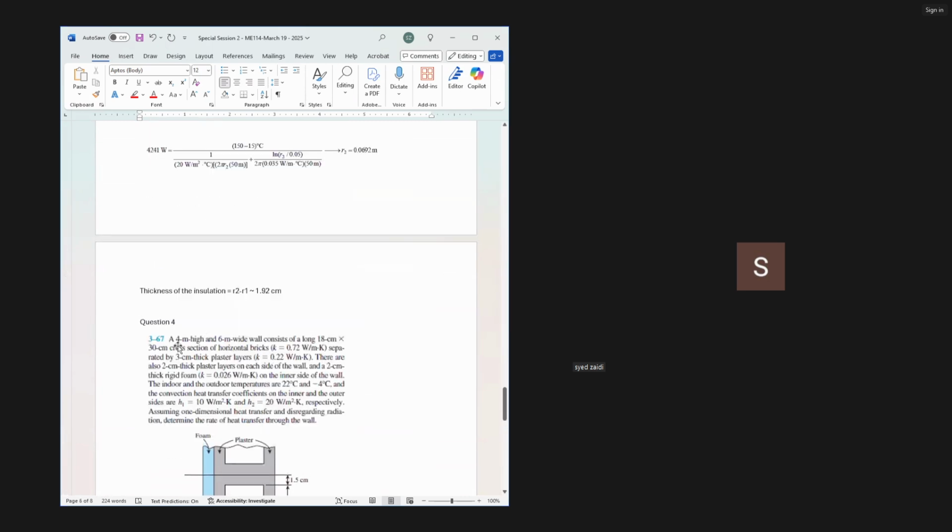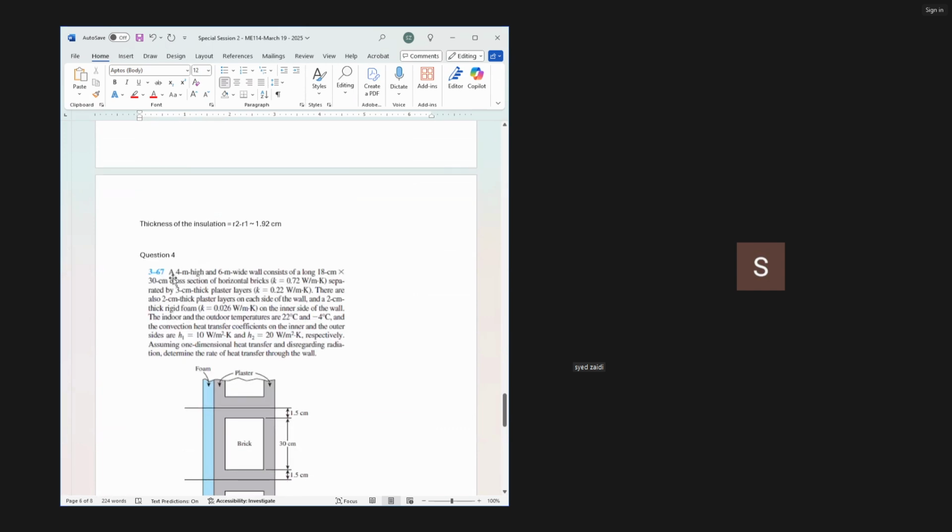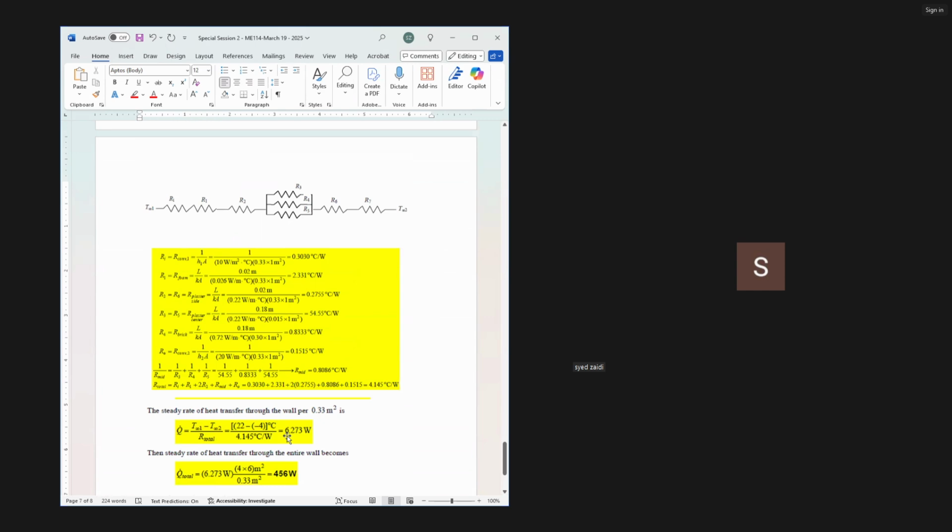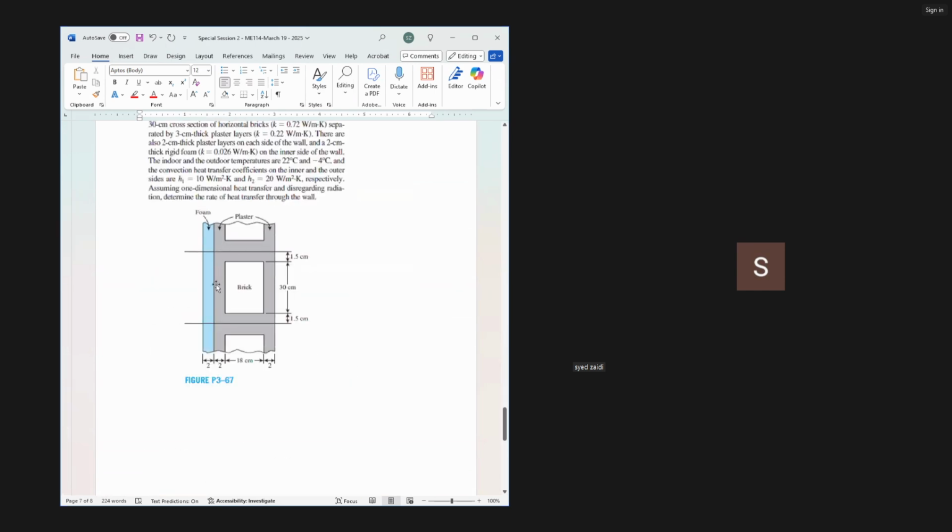So it is 4 meter high, 6 meter wide. So the total will be 24. But we already have this value, 6.23, for 0.33 meter square. That is the area of this one.